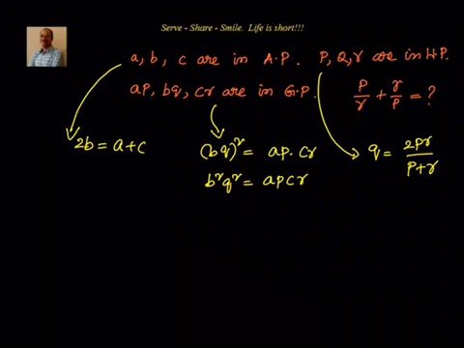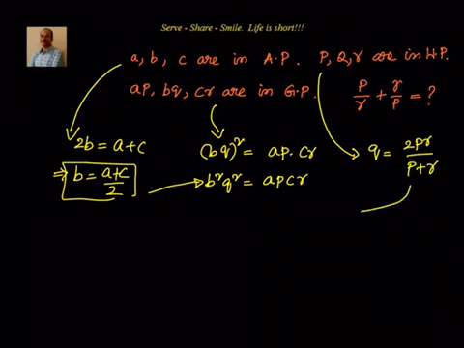Now what we will do, we'll try to substitute value of B from the first equation. From this equation we get the value of B, substitute here. From this Q we will get the value and substitute here. Now let's understand from this step what is value of B. B is A plus C divided by 2. That B value is going to come here. Now what's the value of Q?